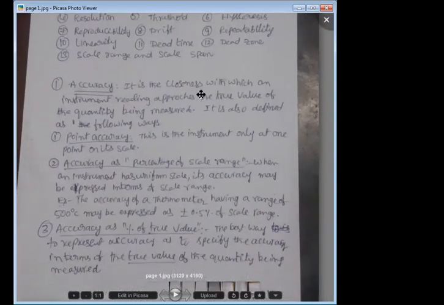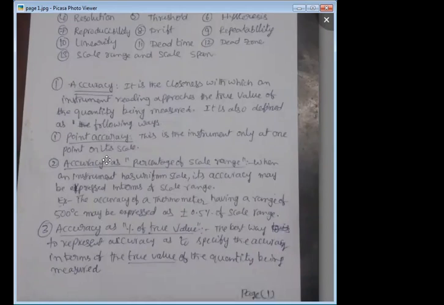Accuracy is the closeness with which an instrument reading approaches the true value of the quantity being measured. So it represents how close the measured variable is to the real value. There are three types of measurement accuracy: point accuracy, accuracy as percentage of scale reading, and accuracy as percentage of true value.